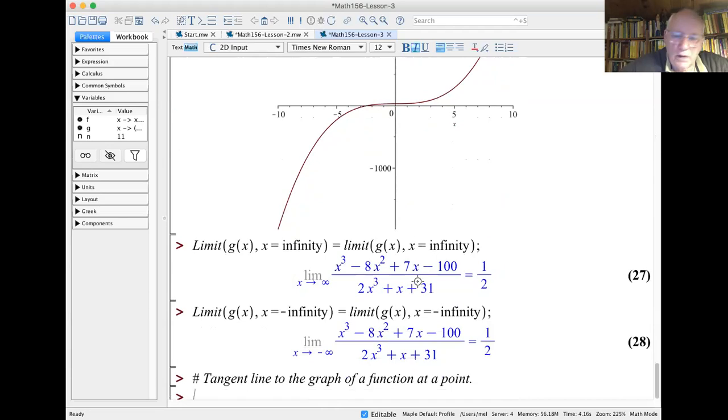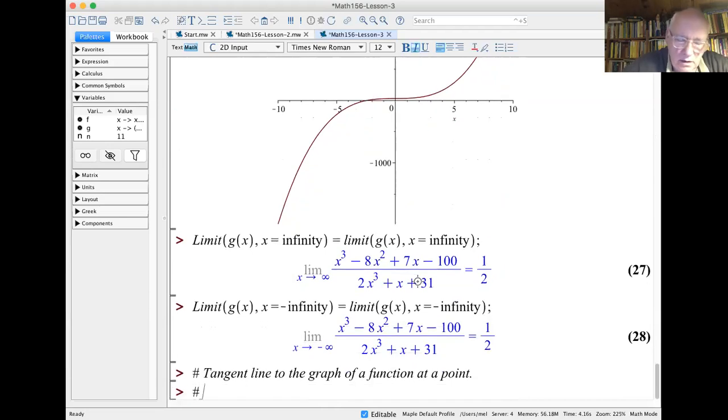So, construct the tangent line to the curve y equals g of x at the point x equals 5.